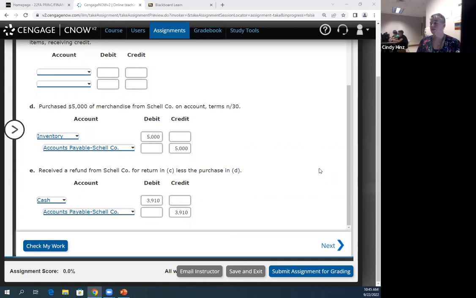So any questions about what we've done so far? Yeah, so this terms of net 30 means that the full amount of the invoice is due in 30 days. Is that what you're asking?